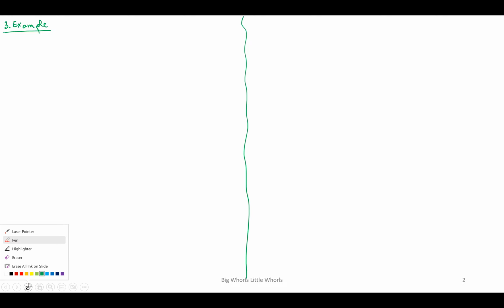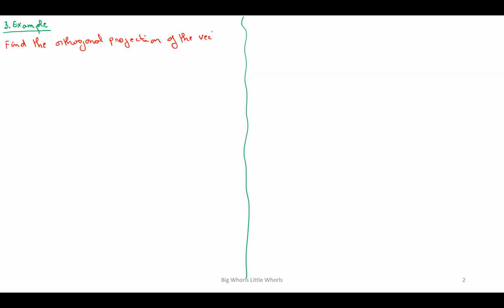Tutorial question 3. Example: find the orthogonal projection of the vector V given as (-2, 1) into the line y equals minus 3x.